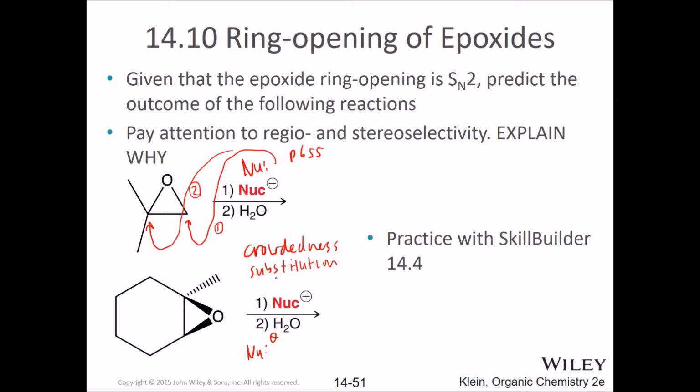Did anybody say primary? Tertiary? Those are all good words to use with this. You see the difference? One's crowded and one's not. Can you see that this one's a primary carbon and this is a tertiary carbon? Wow, big difference in its crowdedness.